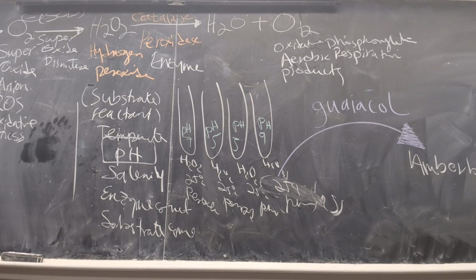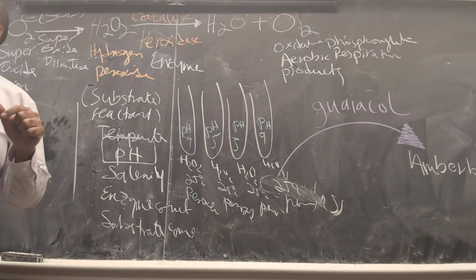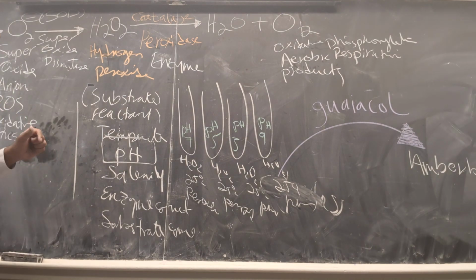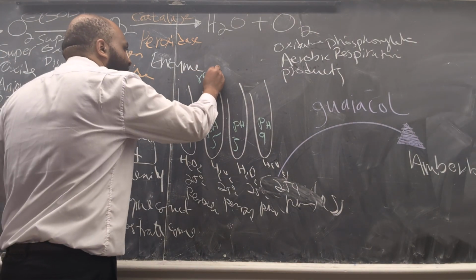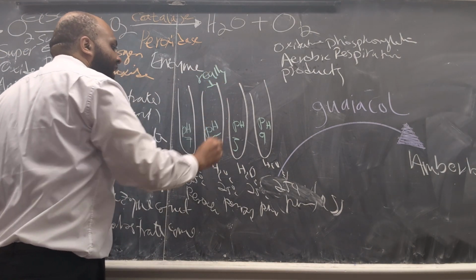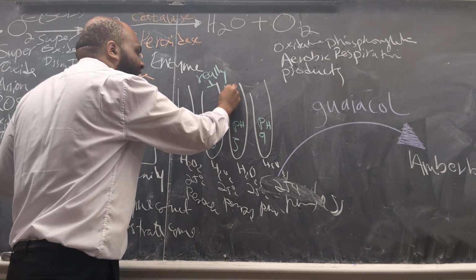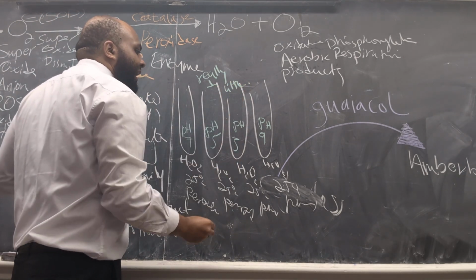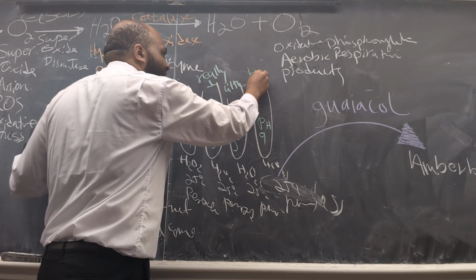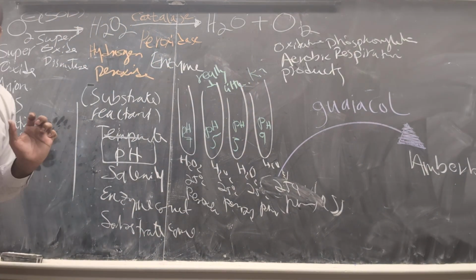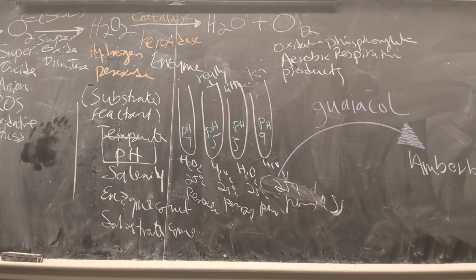But in a scientific journal article, you cannot say pH 5 was the most optimal pH for the enzyme because it was really dark, and pH 9 was kinda dark. We could not talk like that in a scientific paper.